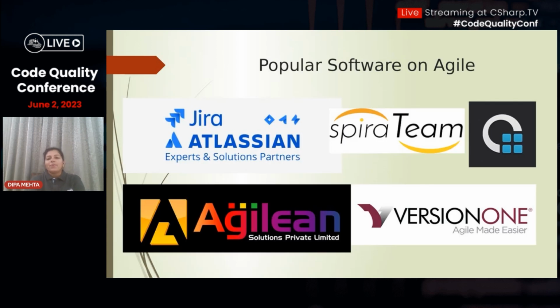Okay, so we can always use different agile software in our day-to-day life. Atlassian's Jira is very popular, and another one is Spira Team. Then there is SprintGround, Agile, and VersionOne.